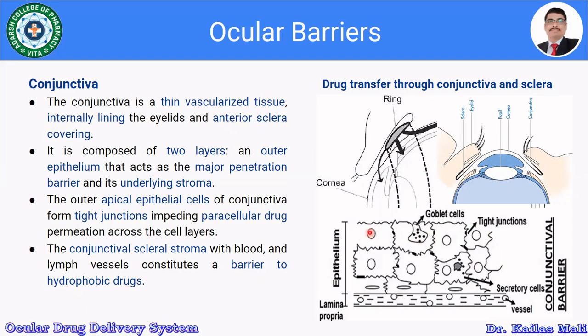The conjunctiva is composed of two layers, an outer epithelium that acts as a major penetration barrier and its underlying stroma. The outer apical superficial cells of the conjunctiva form tight junctions impeding paracellular drug permeation across the cell layer. The conjunctival scleral stroma with blood and lymph vessels constitutes a barrier to hydrophobic drugs.